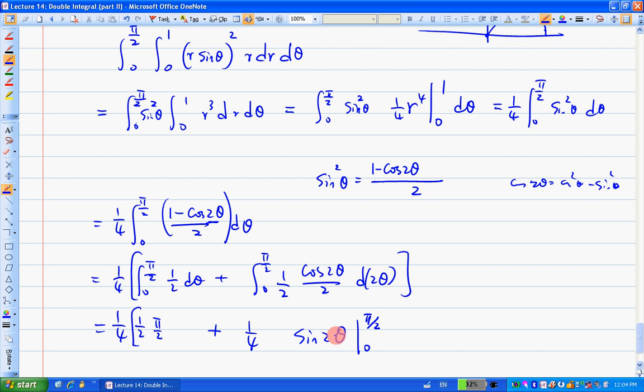And the second one here, actually, when you plug the theta in here, 2 times pi over 2 is pi, sine pi is 0. Sine 0 is 0. So this whole thing is 0. You only have this first one there, and that should be pi over 16.